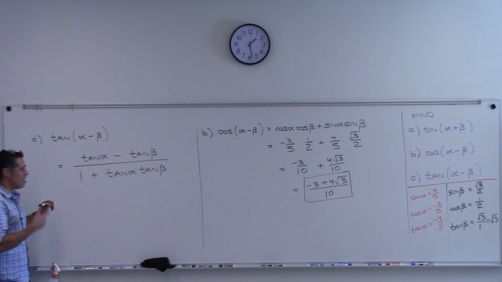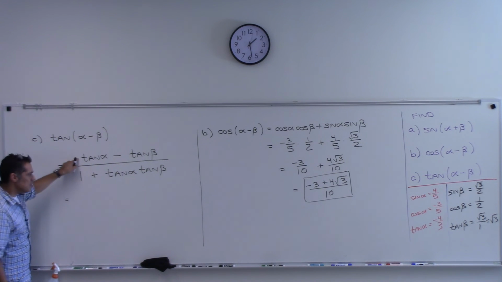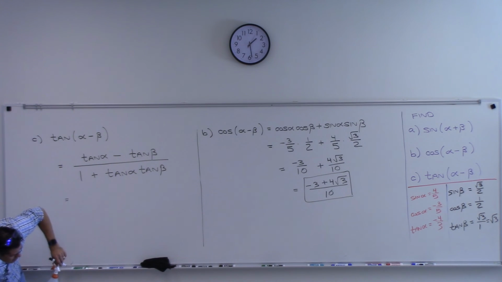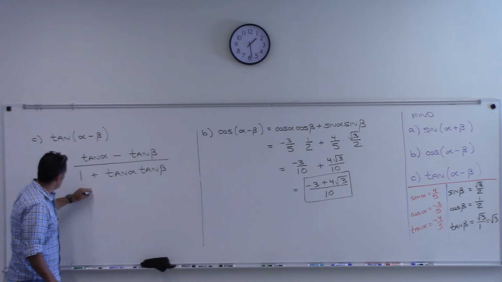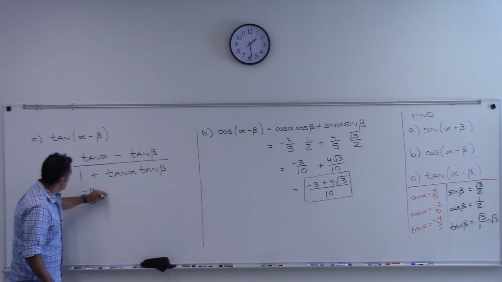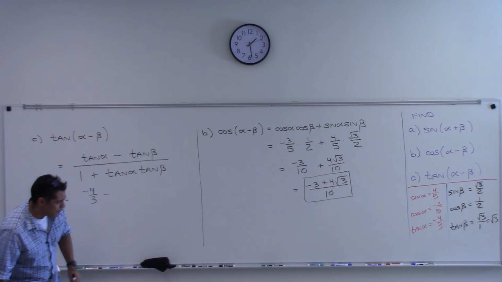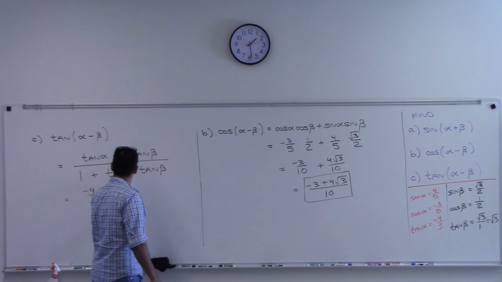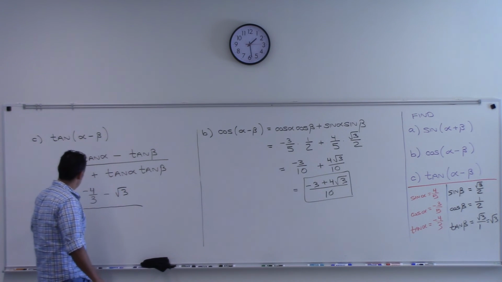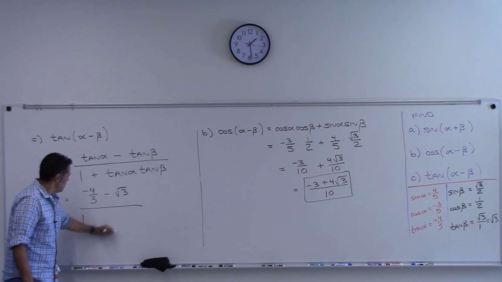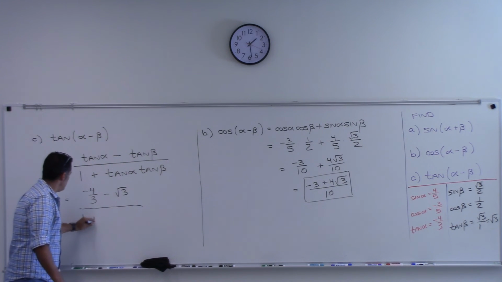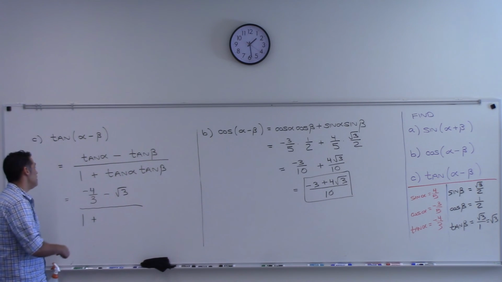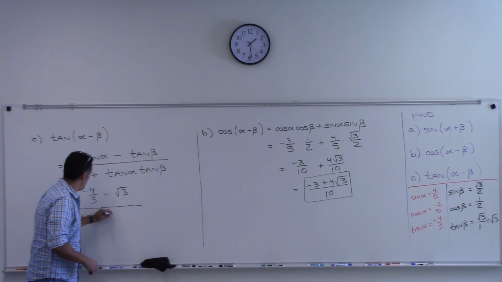Now this is going to look ugly. Let's do it though. Tangent of alpha, -4/3, minus tangent of beta, √3, over 1 plus tangent of alpha times tangent beta, so -4/3 times √3.